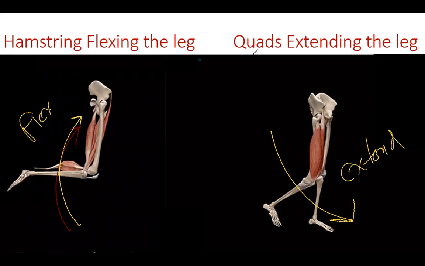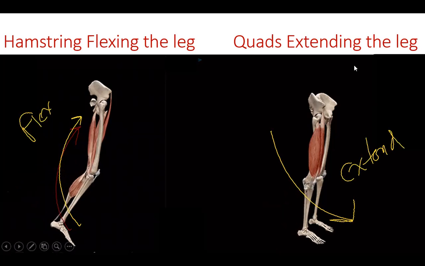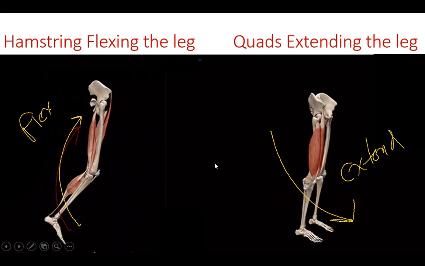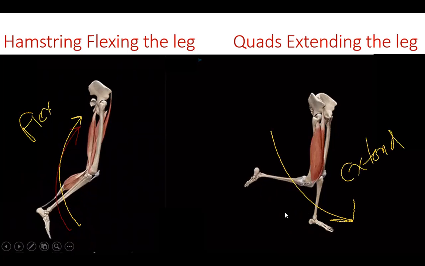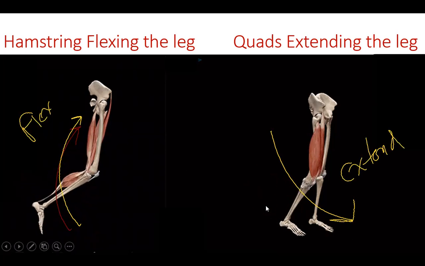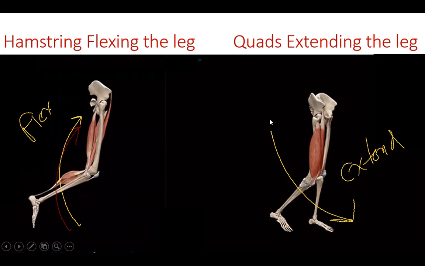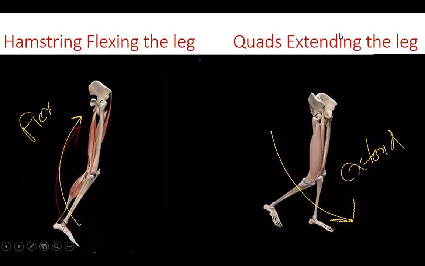So see how we draw it back to flex it. We narrow the angle. We straighten out the angle to extend it here. This is what the quads do, extending the leg. Now you might ask, what is the difference between that and what I showed you with what the quad was doing earlier?